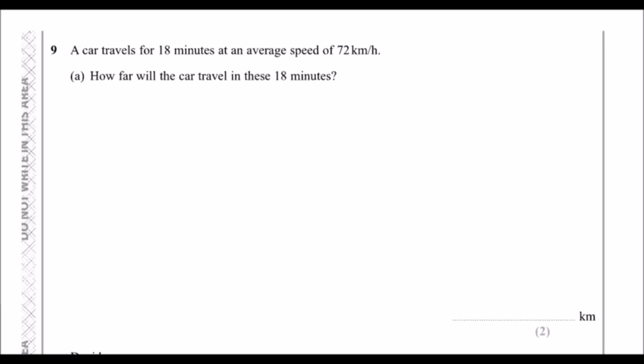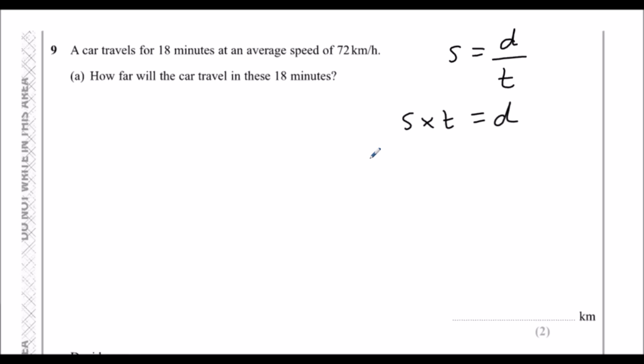Question 9. A car travels for 18 minutes at an average speed of 72 kilometers per hour. How far will the car travel in these 18 minutes? So again, speed is equal to distance over time. We want distance, so we're going to do speed times time is equal to the distance.